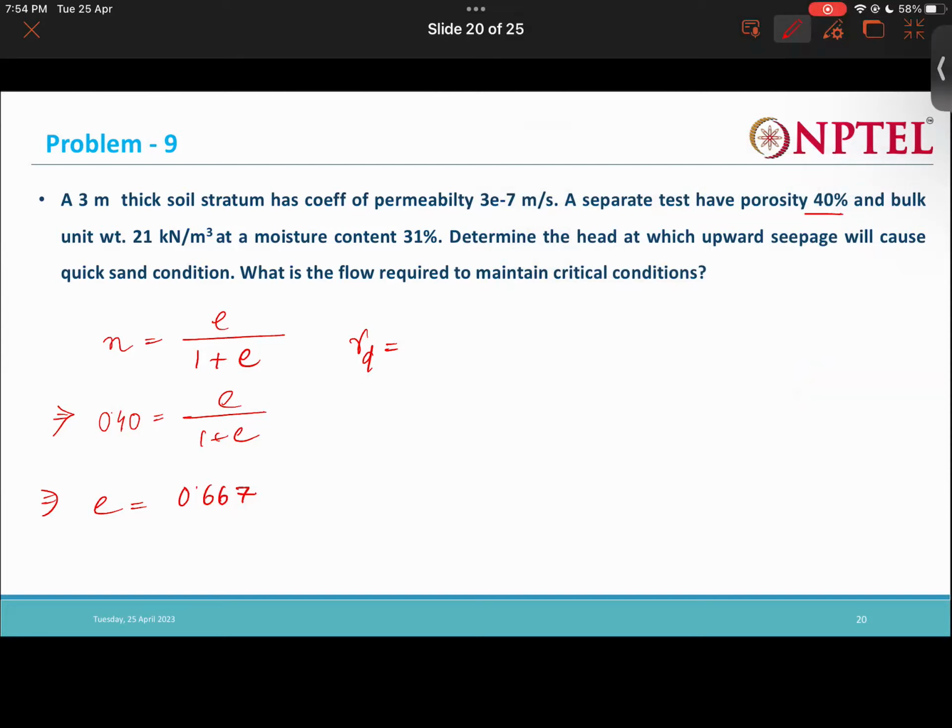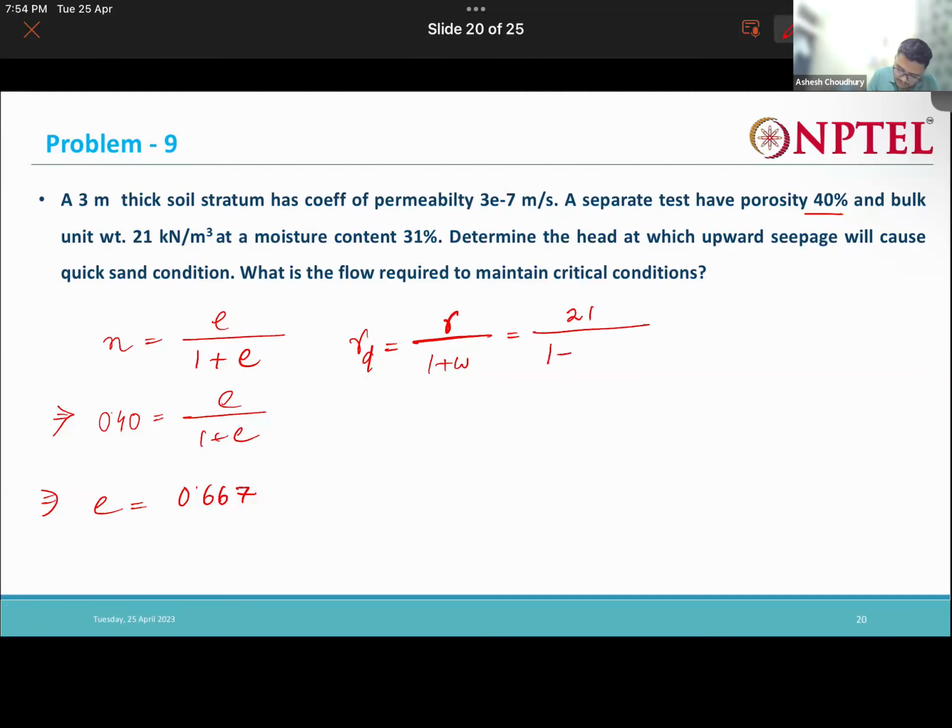Gamma bulk upon 1 plus w. Yes. So this will be 21 by 1 plus 0.3. So how much is it? 16.03.